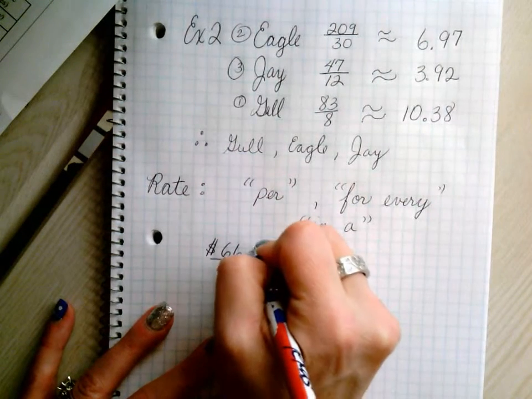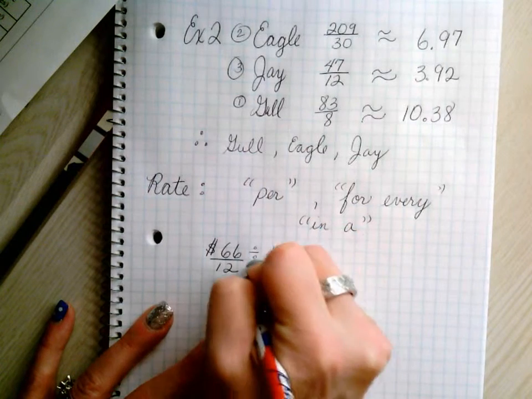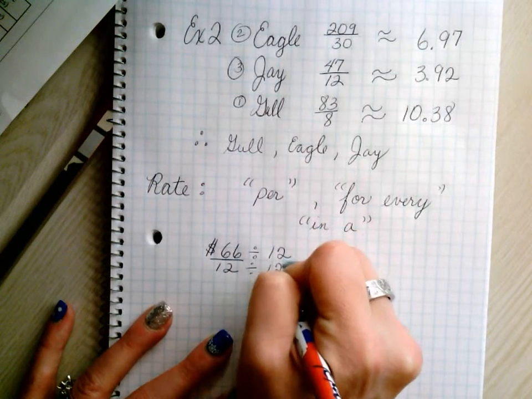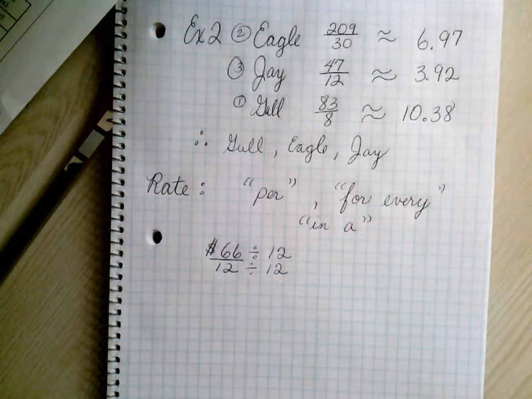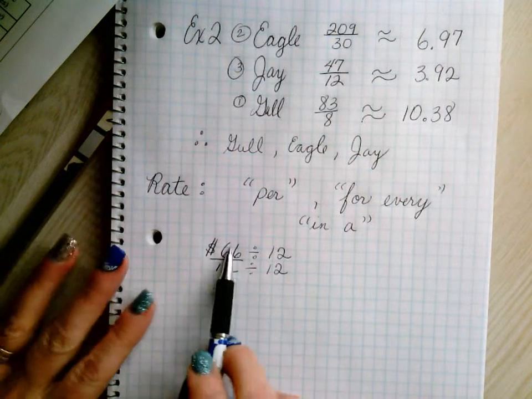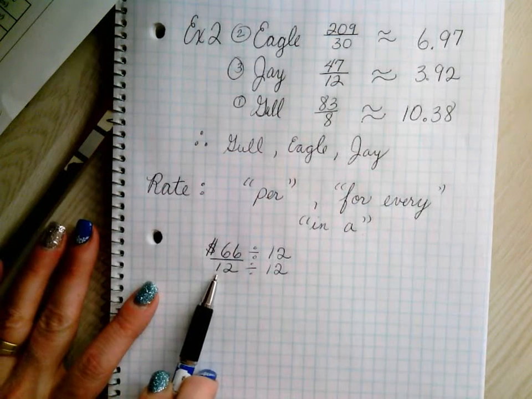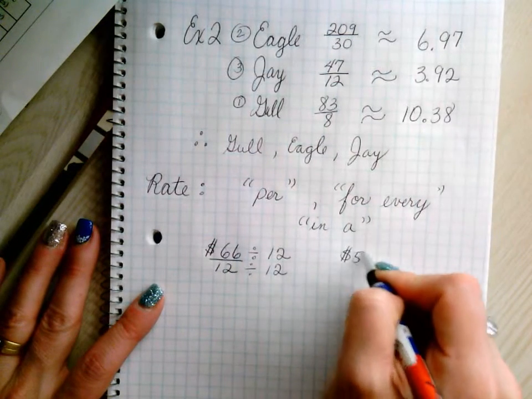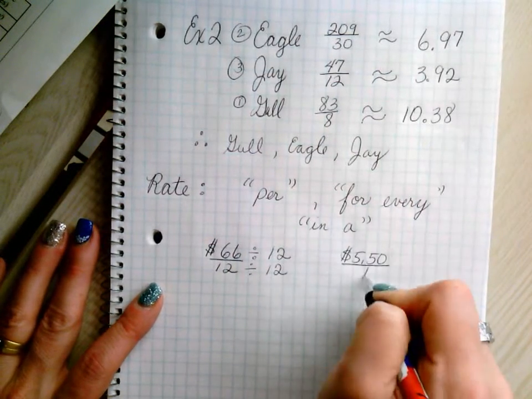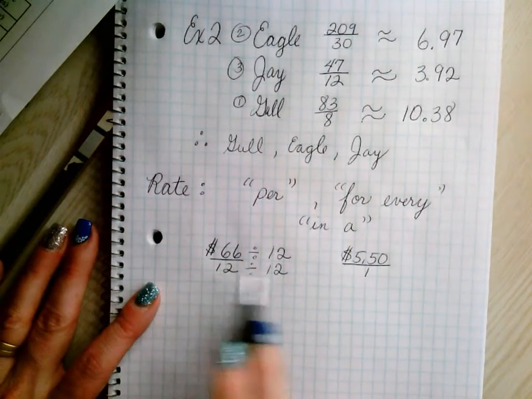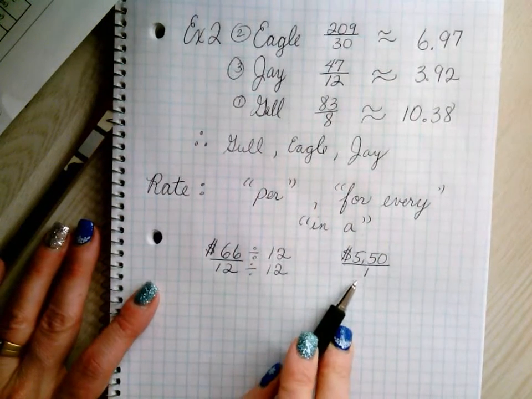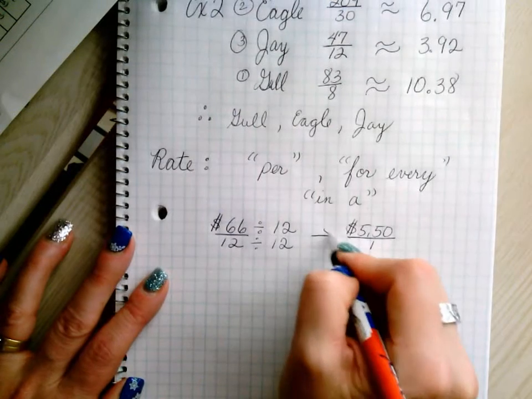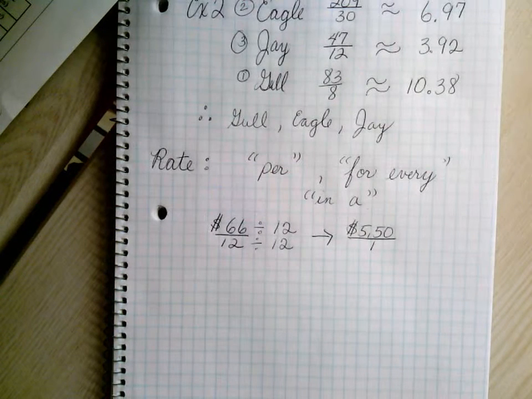And to be honest with you, you're actually dividing both the numerator and the denominator by 12. Because instead of being $66 for 12 people, you find out that the answer is $5.50 for how many people? 12 divided by 12 is what? 1. So the answer to this question is it's $5.50 per person. Okay?